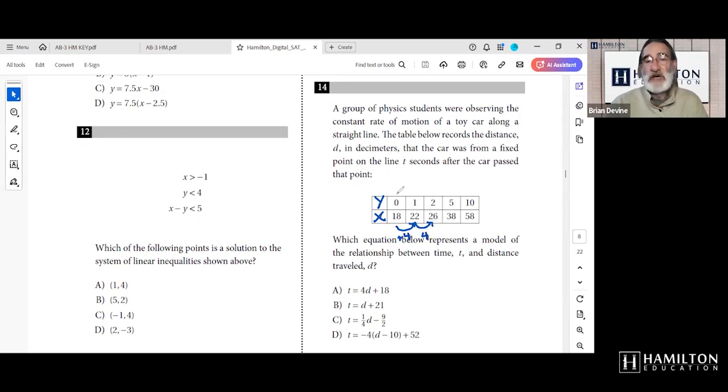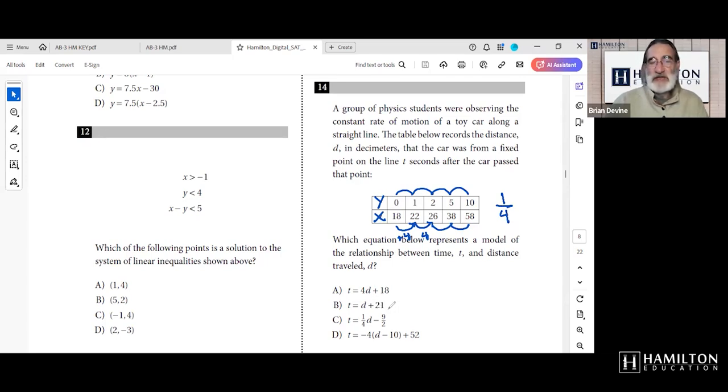And then if we go up 1 and 1, and then if we go up 3, we go up 12. And then if we go up 5, we're going to go up 20. And so the slope then, change in y over x, is going to be 1/4.